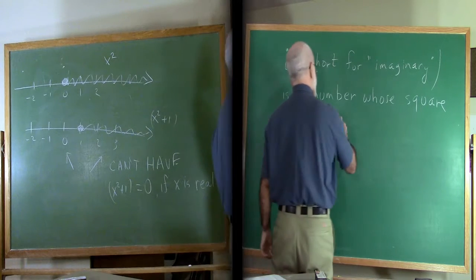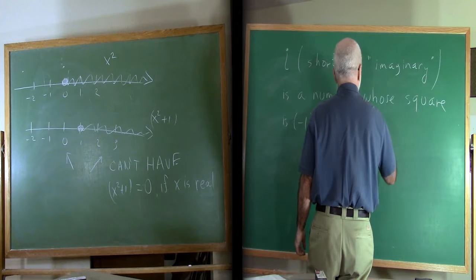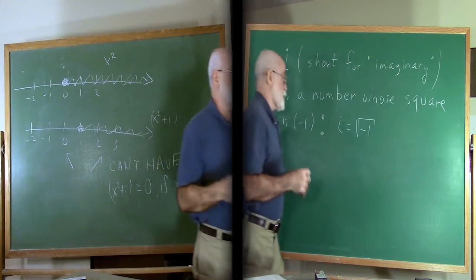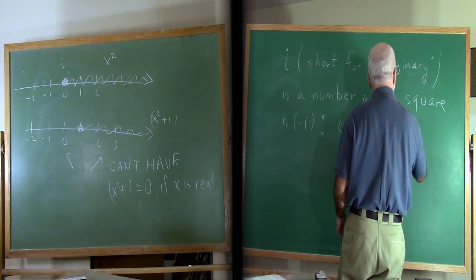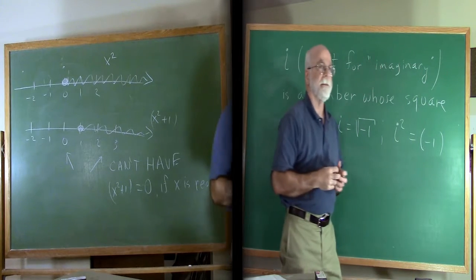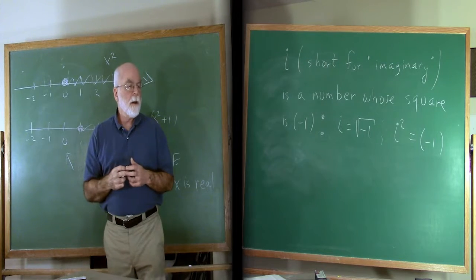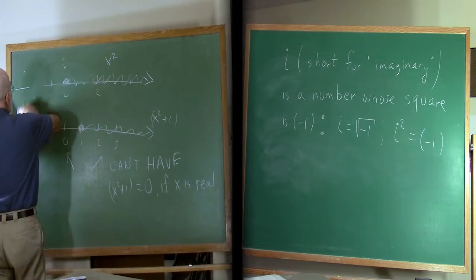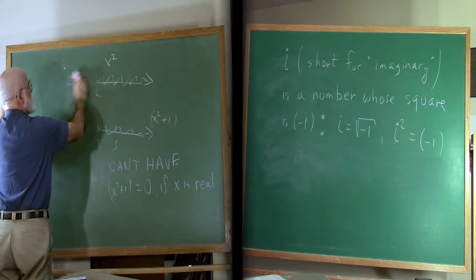Written in symbols, that's I equals square root of -1, or square both sides, I squared equals -1. We'd also like to multiply I by real numbers.